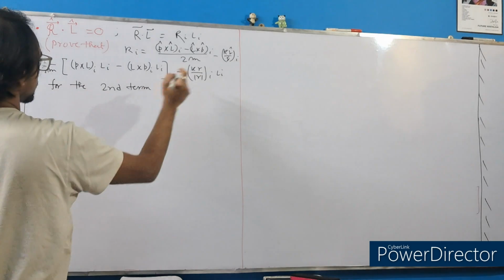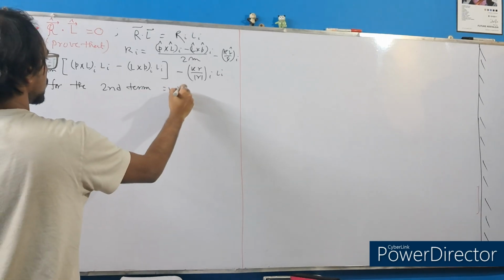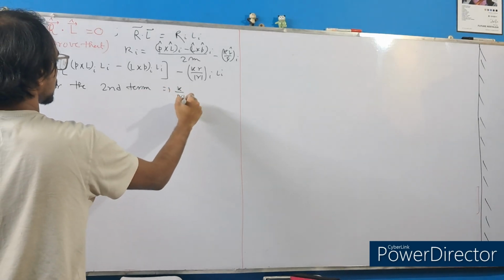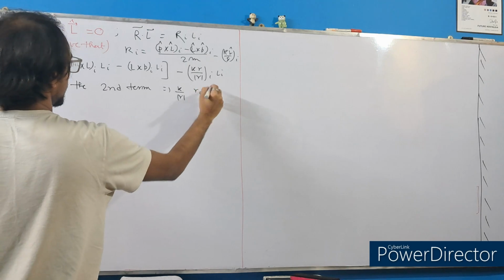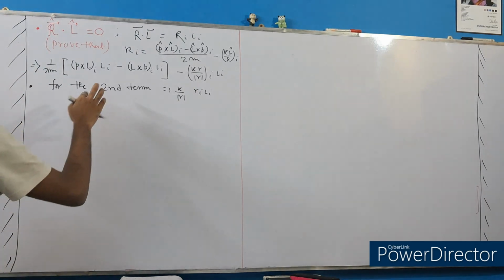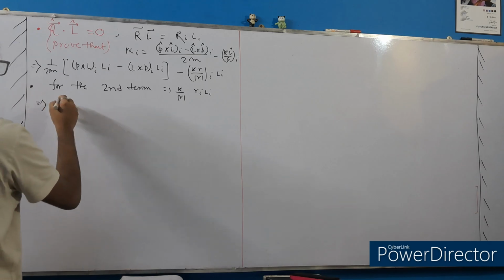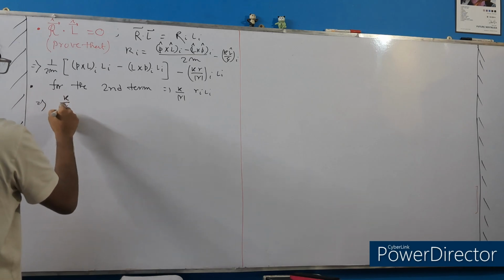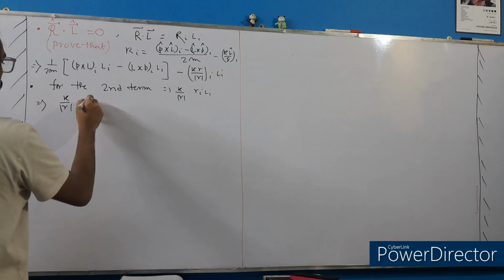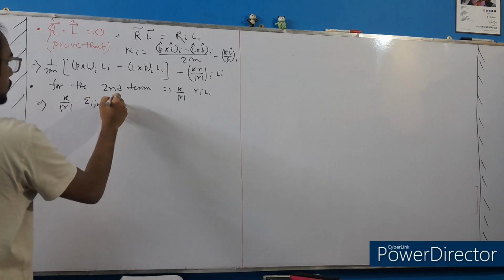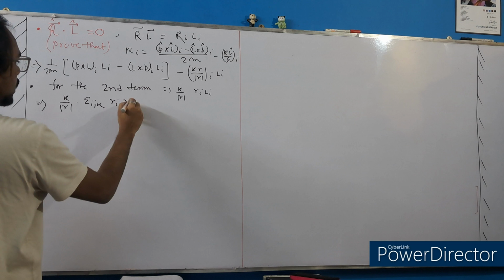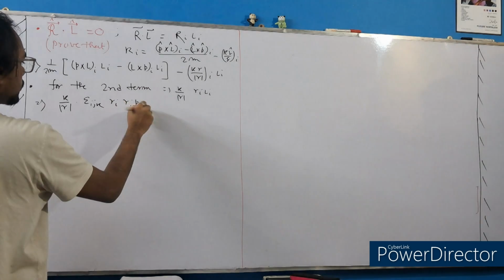which means this term, which is basically k by r ri Li. Now Li basically can be written as r cross p, so mod r epsilon ijk ri rj pk.